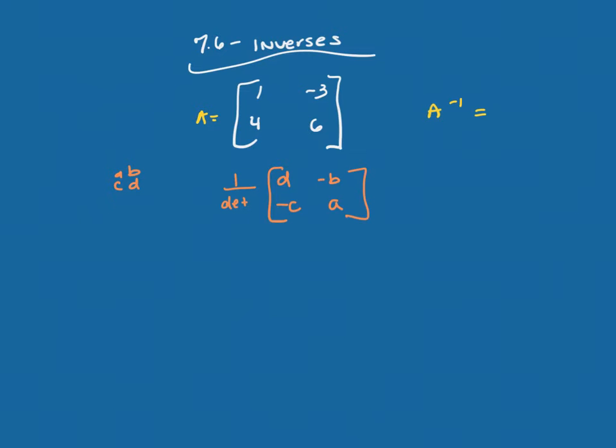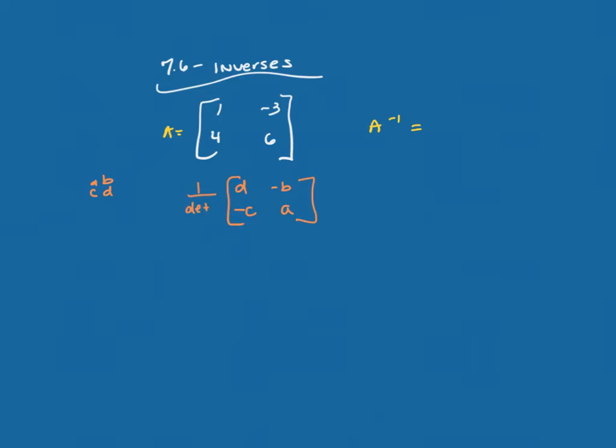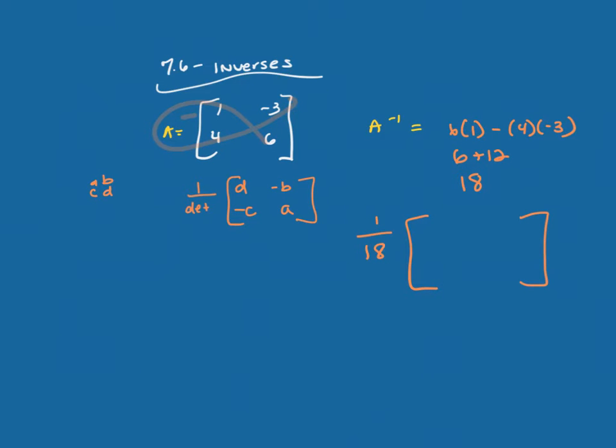So in this case, I would do the fish, okay, to get the determinant, which is 6 times 1 minus 4 times negative 3, or 6 plus 12, that's 18. That's your determinant. I do 1 over 18 times, I switch the 6 and the 1, and I change the signs on the negative 3 and the positive 4.